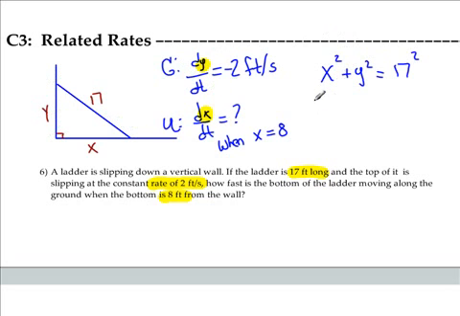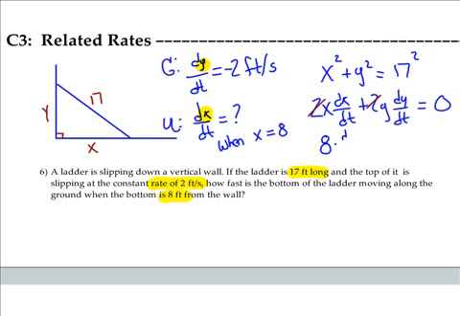If I derive that, I get 2x dx dt plus 2y dy dt is equal to the derivative of 17 squared, which is going to be 0, which is nice. I can divide the 2's out, and I can start substituting. X is 8 at the instant we're interested in. Dx dt is unknown.